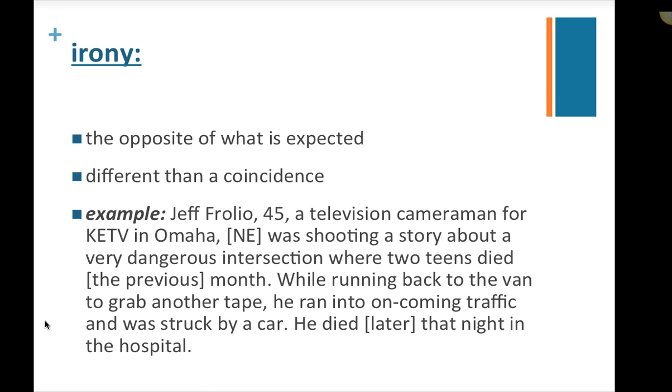And as they're released back into the wild, there were lots of news reporters there and photojournalists ready to capture this wonderful story of these certain animals who had been saved and nursed back to health, and now, yay, they're being released back into the wild. And they let them go. The animals swim away from the shore, and as all the cameras are rolling, those two animals are eaten by a killer whale. So again, that's not what we would expect to happen. That's ironic. Sometimes it's a little bit morbid, though these two stories I told you are especially, but they are the ones that stick with students the most, so that's why I included those.